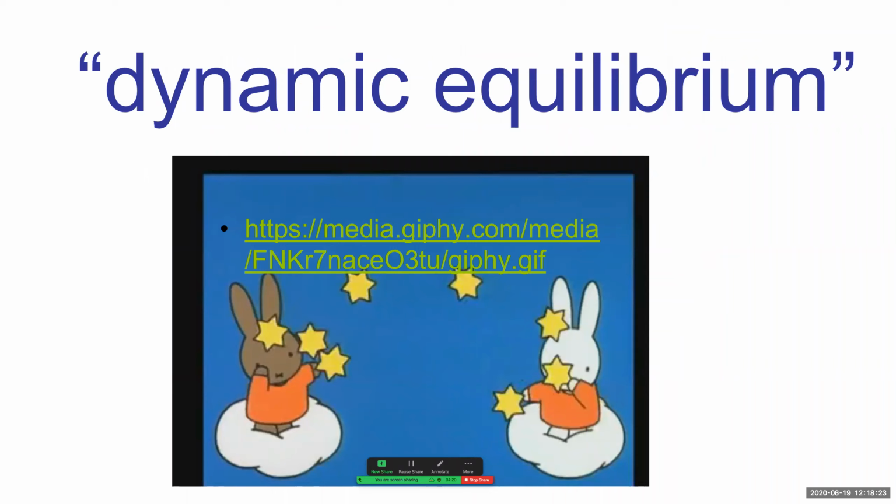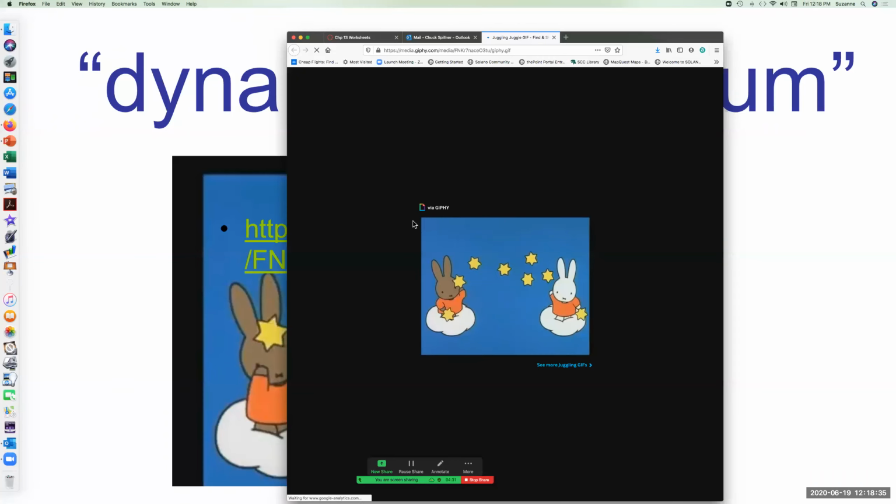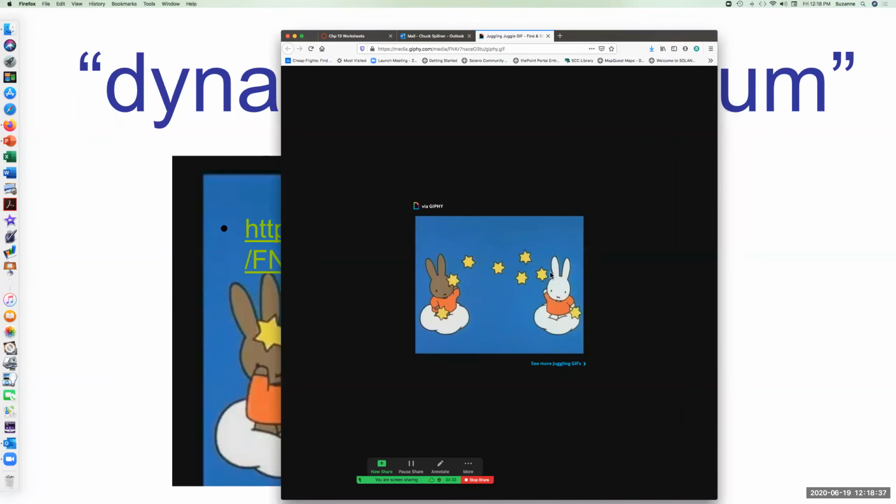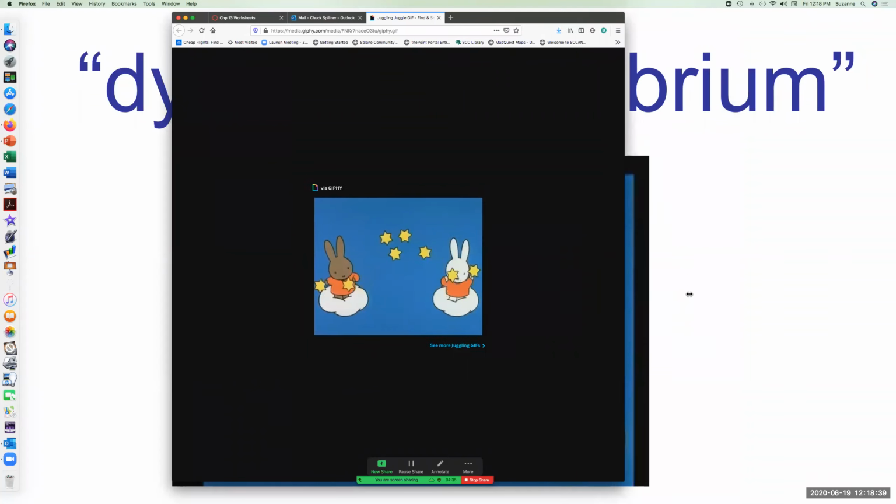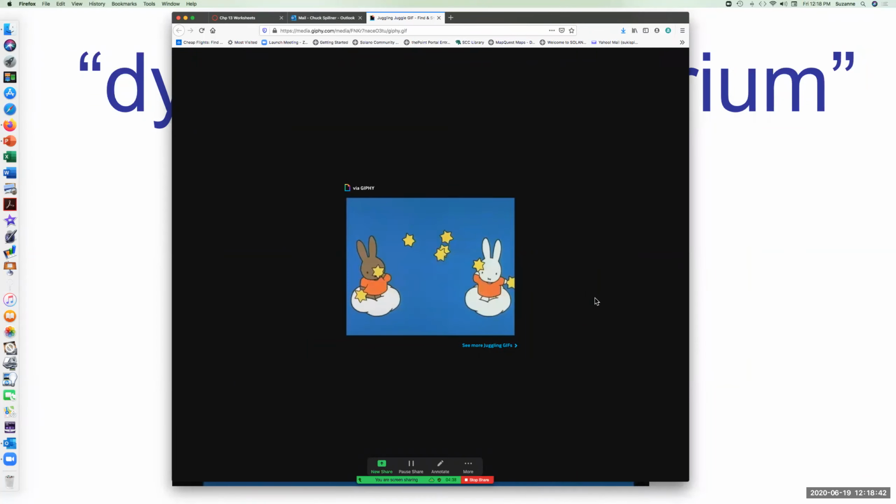Here's a little illustration of what equilibrium is. This is not chemical equilibrium, but there's a state of equilibrium shown in this little animation of 2 jugglers throwing these stars back and forth. The juggler on the right has to be turning these stars over as fast as the juggler on the left to maintain this state of constant juggling.